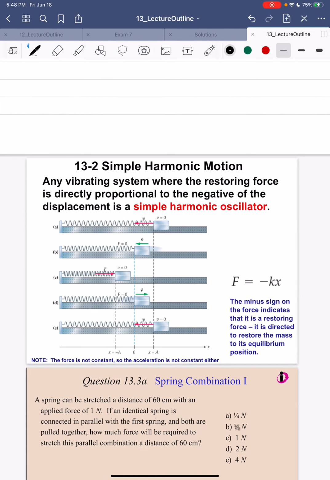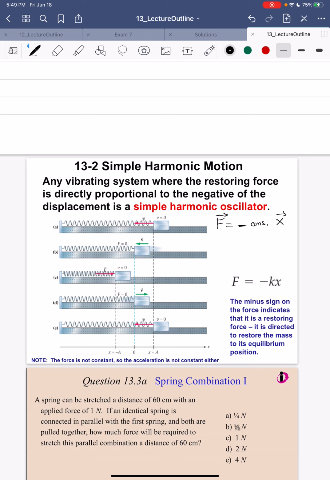Now, simple harmonic motion must satisfy a certain condition. Any vibrating system where the resulting force is directly proportional to the negative of the displacement is a simple harmonic oscillator. What does that mean? This means that F, as a vector, is going to be negative a constant times x.